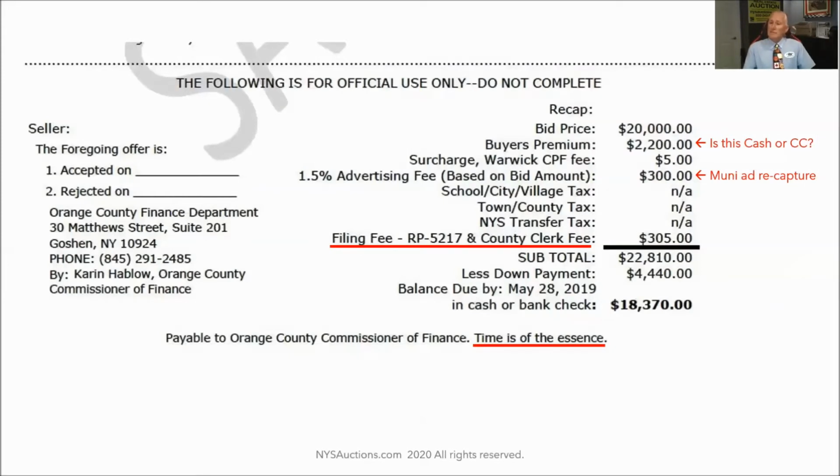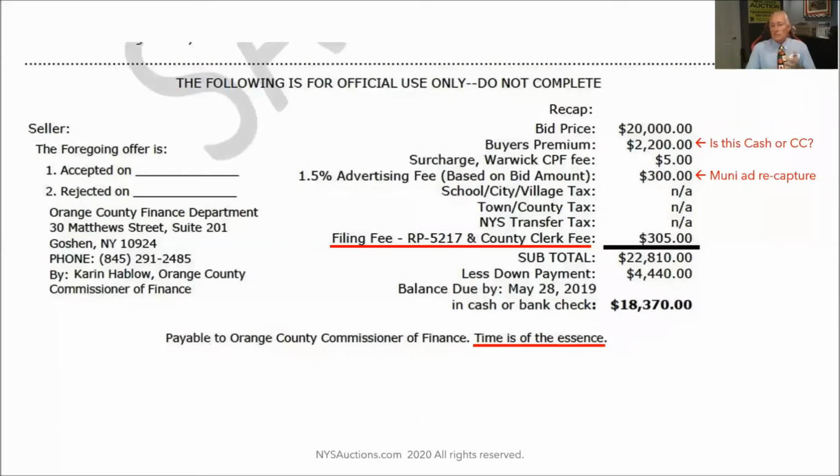Is that cash or credit card? That's going to be a cash down payment. It's a 10% buyer's premium. Credit card, sorry, 11%, $2,200. So $2,200 down buyer's premium.